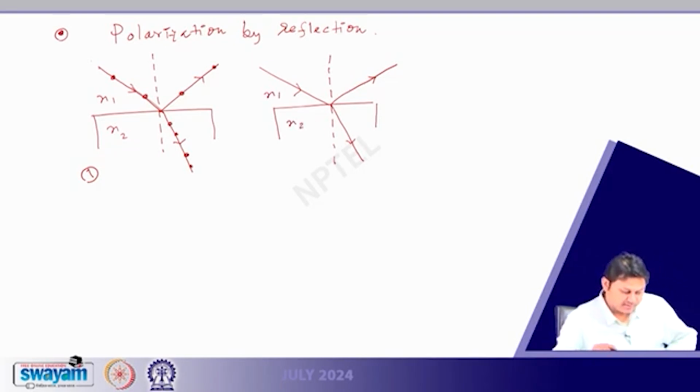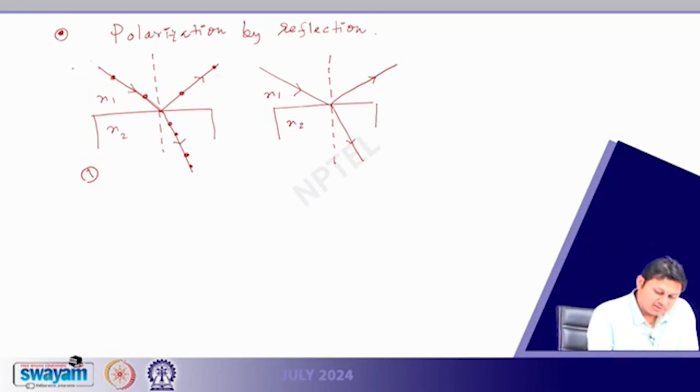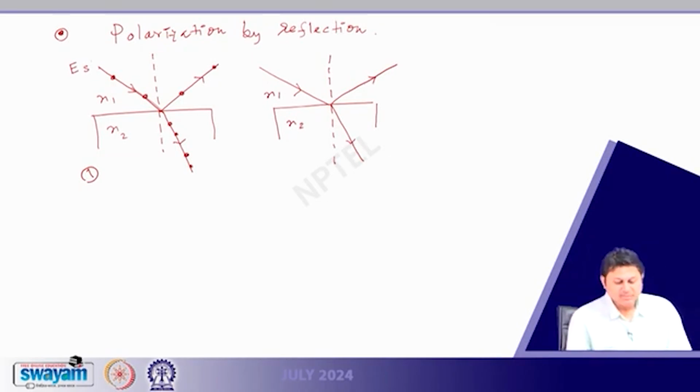This is called the S field, where the electric field is vibrating parallel to the surface, but here the electric field is vibrating along this direction. It is reflected.